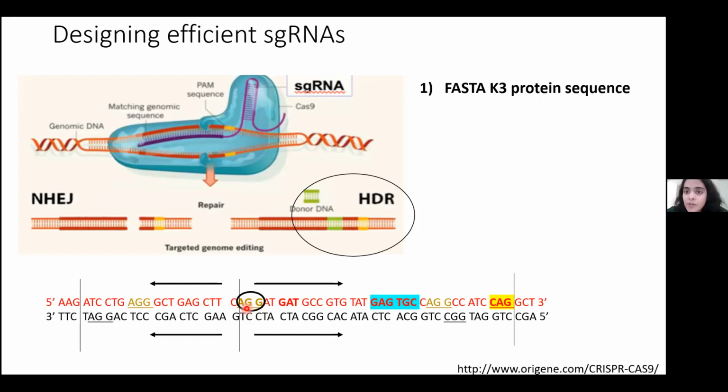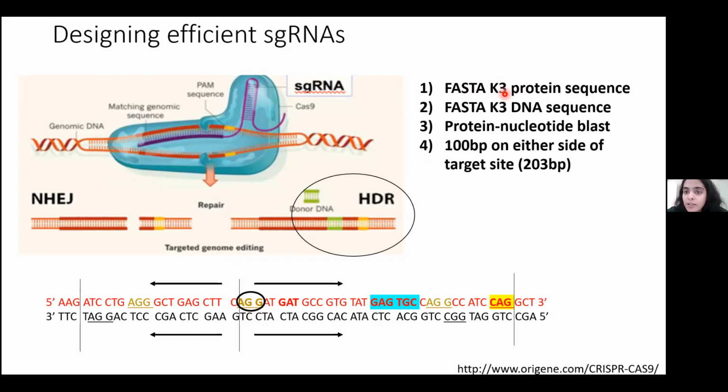So to design efficient guides, first we identify the FASTA protein sequence of interest, in this case KIRL3. We identify the FASTA KIRL3 DNA sequence. We do a protein to nucleotide BLAST and align the two. We identify the DNA sequence that corresponds to the amino acid of interest in the protein, and identify 100 base pairs on either side of those nucleotides to input in a software.